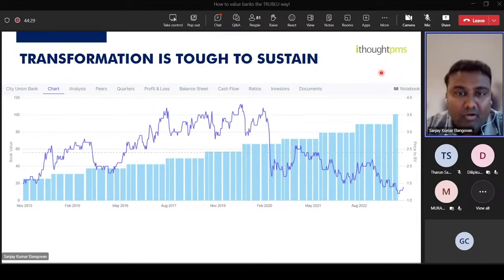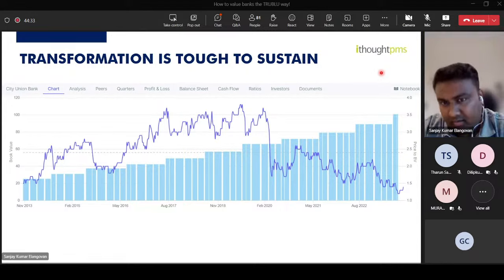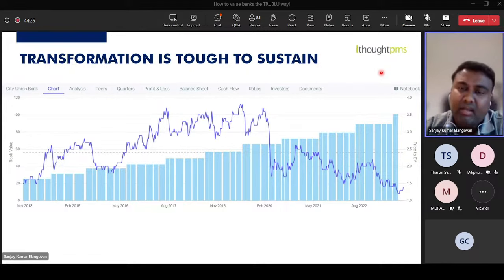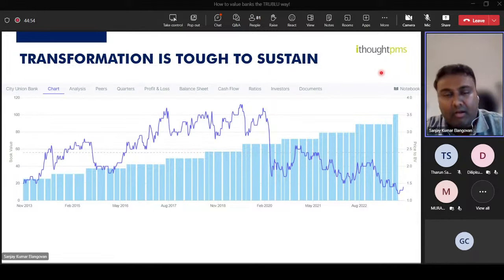They're going to spend more on technology, and so there are a lot of issues. They couldn't compete with the larger banks. So they were after SBI. CUB had the highest SME book in Tamil Nadu, but HDFC Bank, which entered Tamil Nadu and SME banking only in 2003, in 20 years has overtaken City Union Bank as the second largest SME bank in Tamil Nadu.